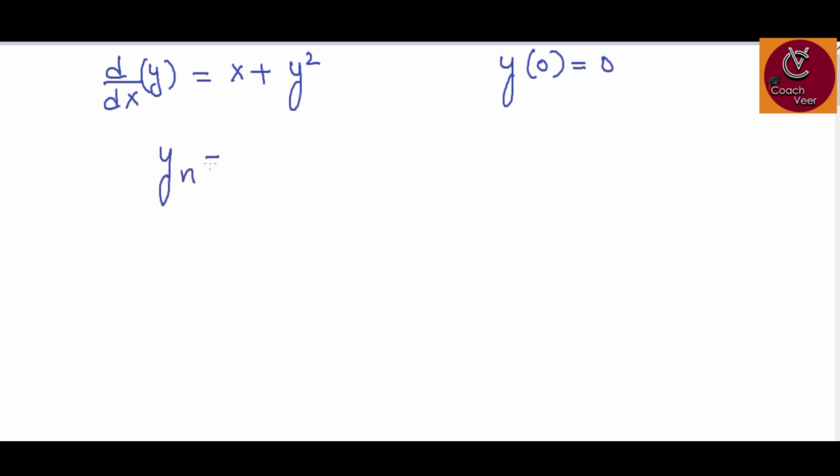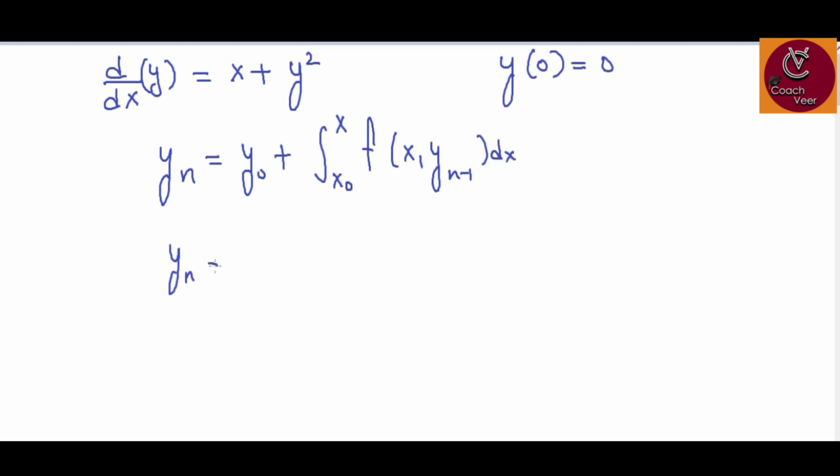yn is equal to y naught plus the integral from x naught to x of f of x comma y n minus 1, the previous value. As y naught is simply 0, the initial value, and x naught is also 0, we will write 0 plus the integral from 0 to x of f of x comma y n minus 1 dx.